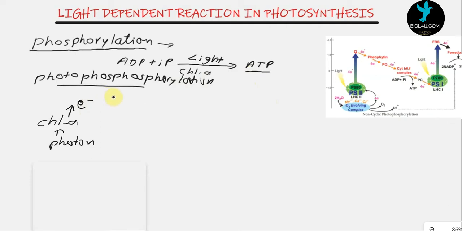So what are these two pathways? We will explain in detail: the non-cyclic electron transfer and cyclic electron transfer. So there are two types of photophosphorylation, that is non-cyclic photophosphorylation and cyclic photophosphorylation. One type of phosphorylation is the non-cyclic photophosphorylation.